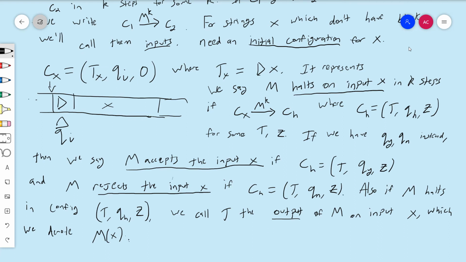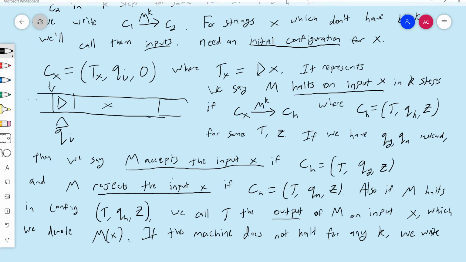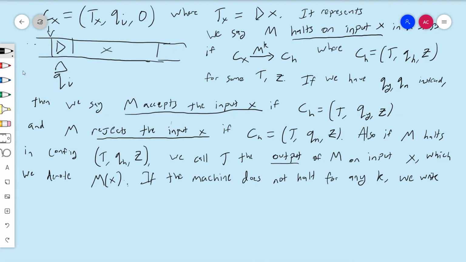Also, however, the machine might never halt. If the machine does not halt for any K, then I'm going to write M of x equals a diagonal arrow.